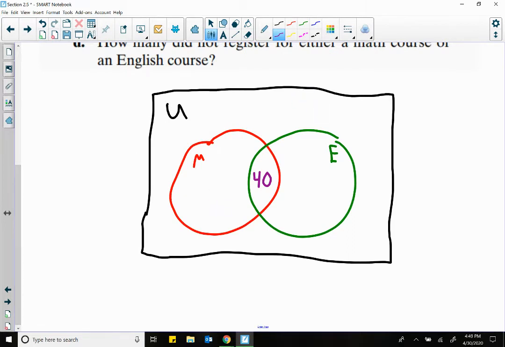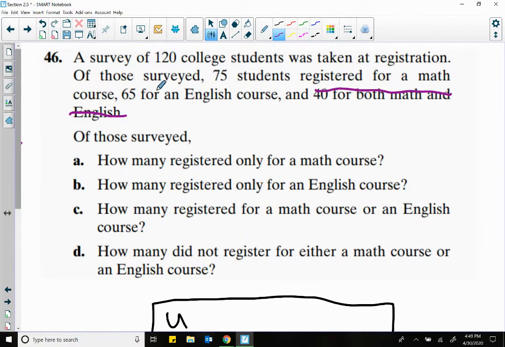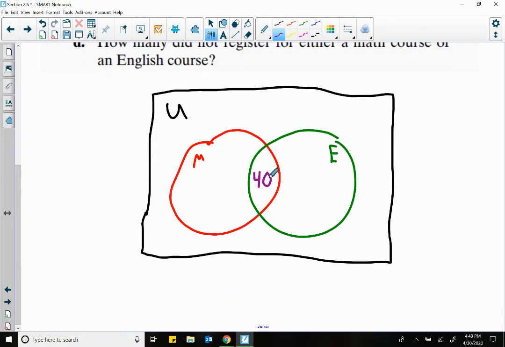Everything else that's going to go in here, whatever's left in math, whatever's left in English, whatever's in the universe, is going to be part of these numbers that are up here. So let's start talking about what I mean by that. We have 40 students taken care of already. Let's talk about how many are just in math.